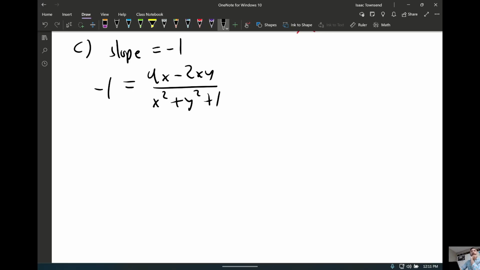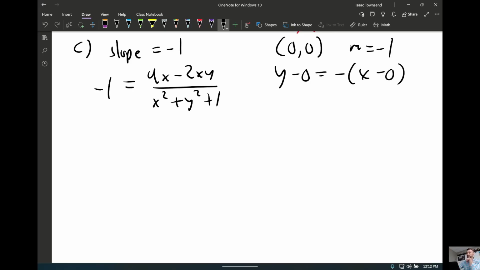But we can't solve this yet. We can't solve an equation that has two unknowns like this unless it's a very specific case. So the fact that it said it went through the origin and has a slope of -1 means that we could make an equation of the tangent line.